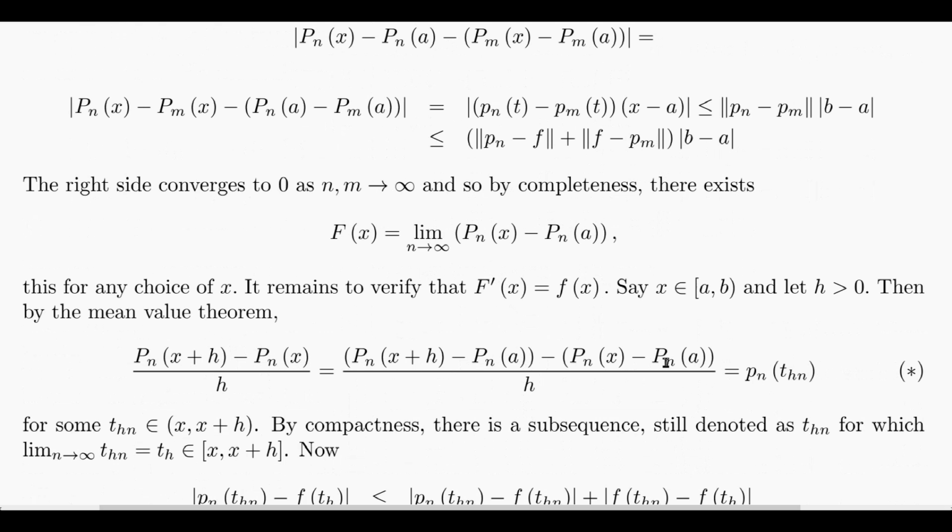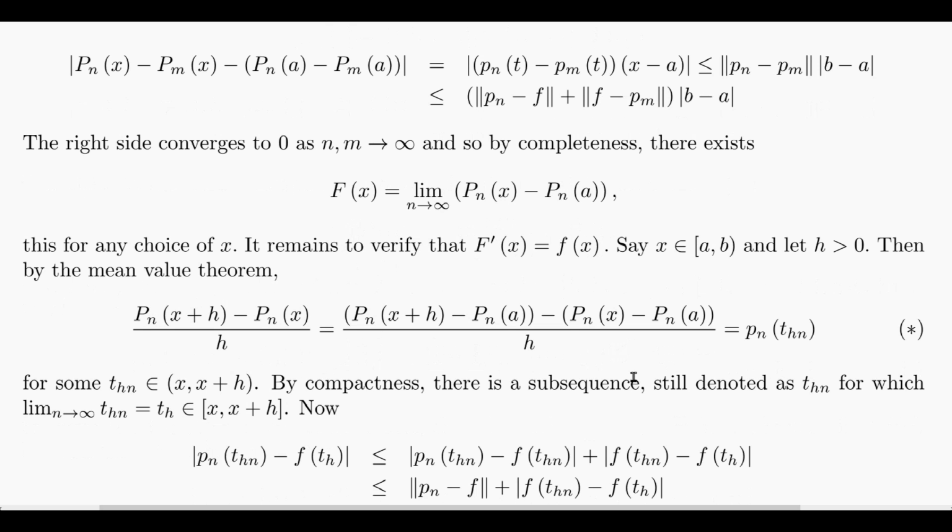Now why did I do that? Well, because this one converges to f of x. So what happens is this thing converges to f of x. This thing converges to f of x plus h. All right, this is going to be true for some t sub hn element of this open interval.